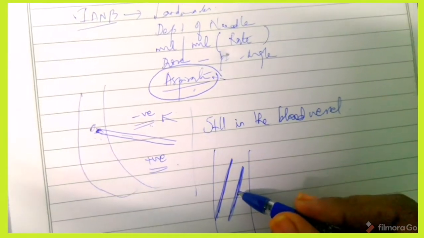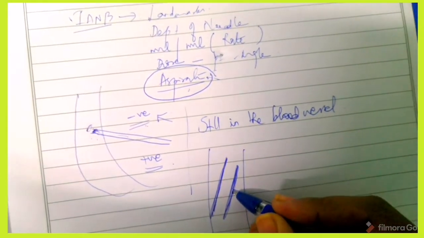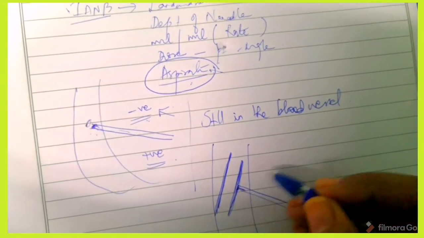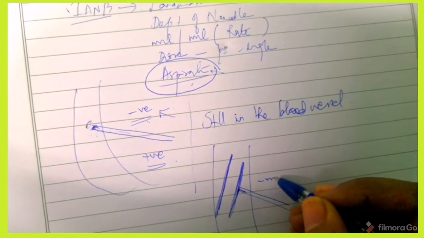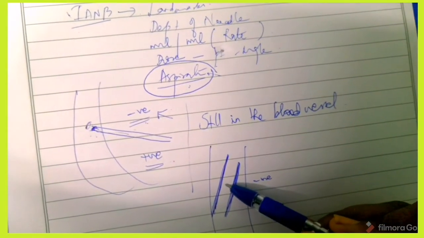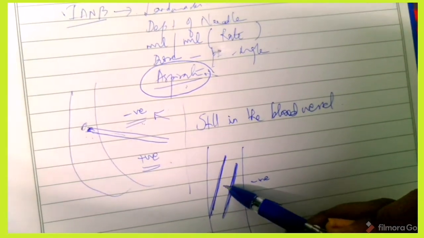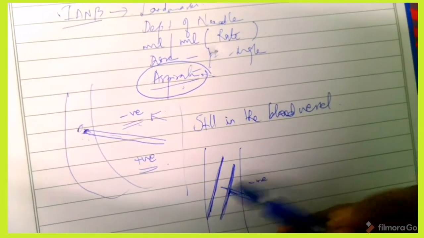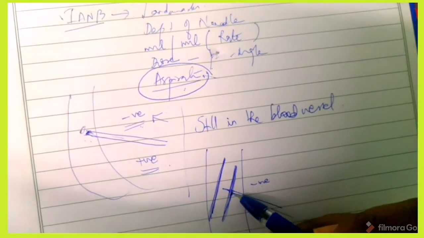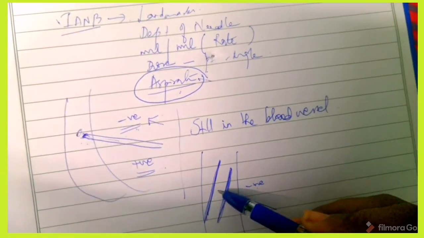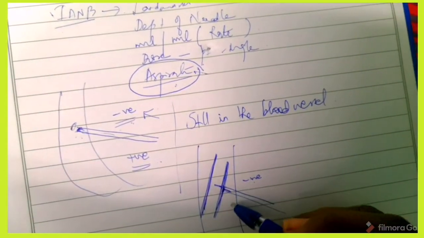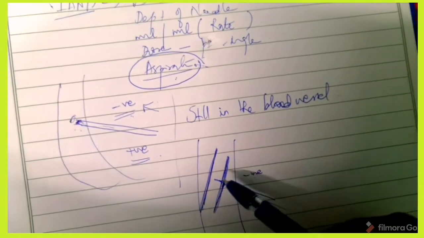When you are hitting and aspirating, you are in the wall, so the wall is sucked inside the syringe and gives you a negative aspiration. But when you are injecting, your needle may be inside the lumen, that is inside the blood vessel, and without your knowledge, you think it is a negative aspiration, but it is inside the blood vessel.